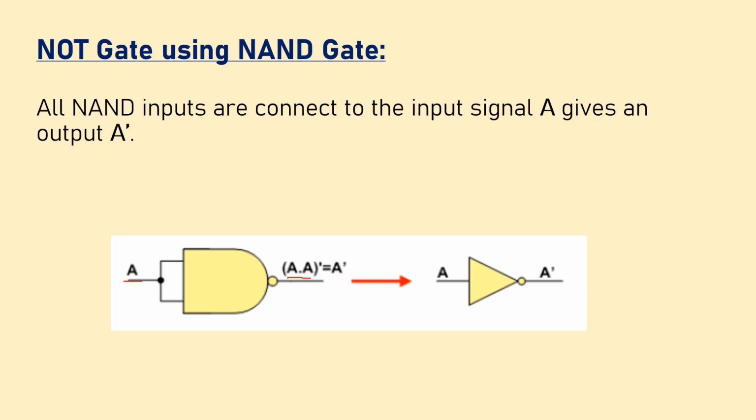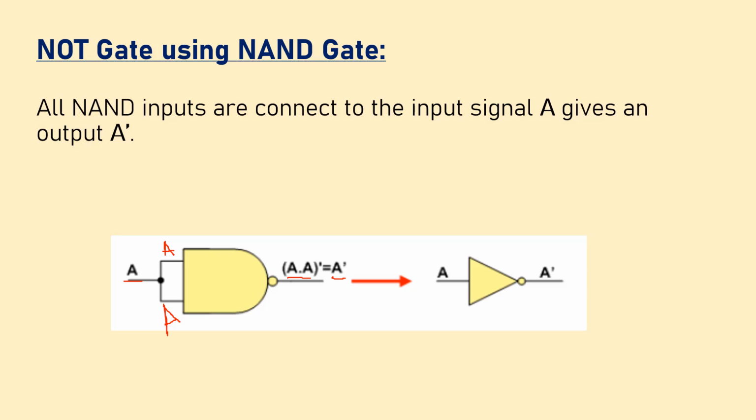So in both inputs the value A is passing, and since both inputs are treated as A, the NAND gate produces (A dot A) whole complement. According to the law of Boolean algebra, we can rewrite A dot A as A, and obviously there exists a complement. So the outcome is A complement here.